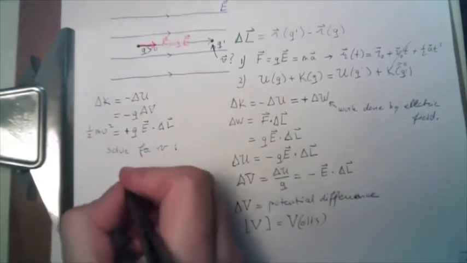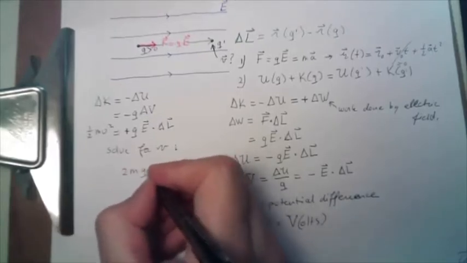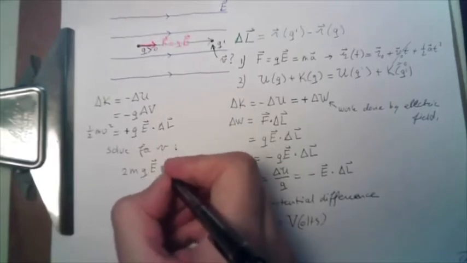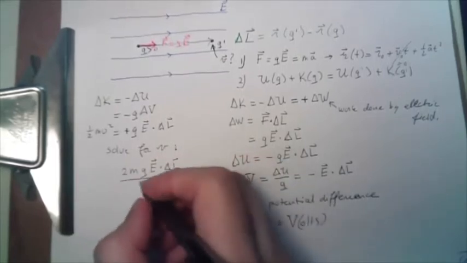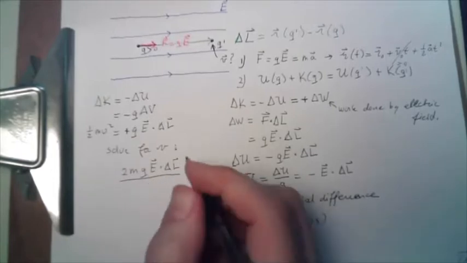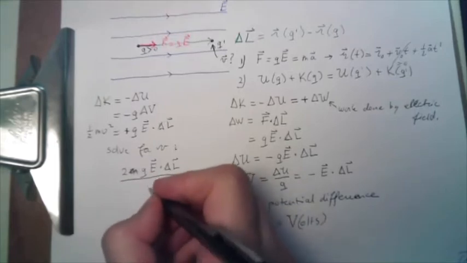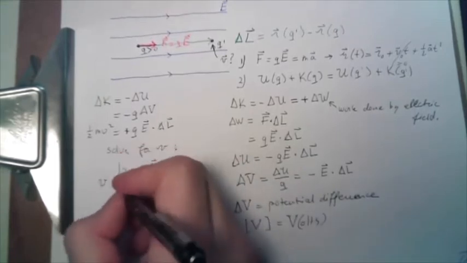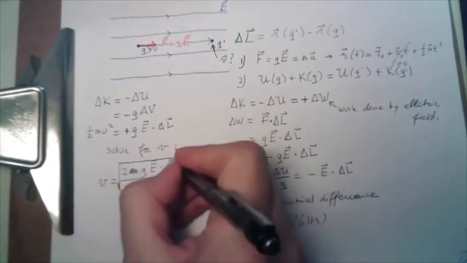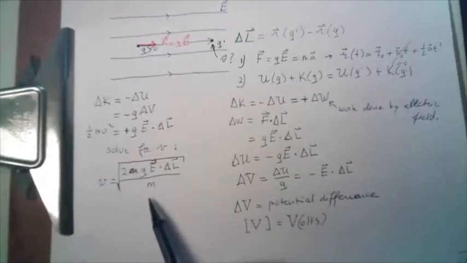Solve for V. So we're going to get the square root of 2 Q E delta L over m. Final answer. All right. You can plug in some numbers if you want.